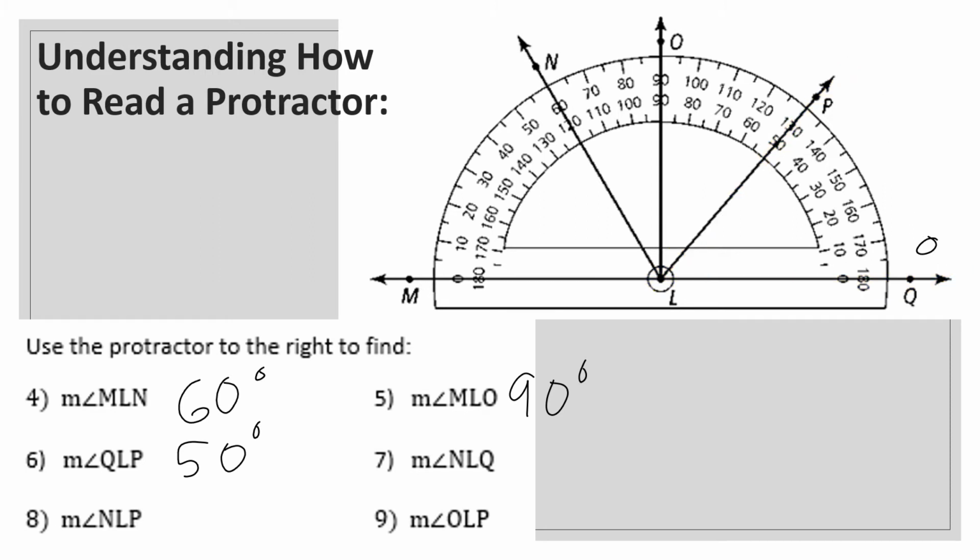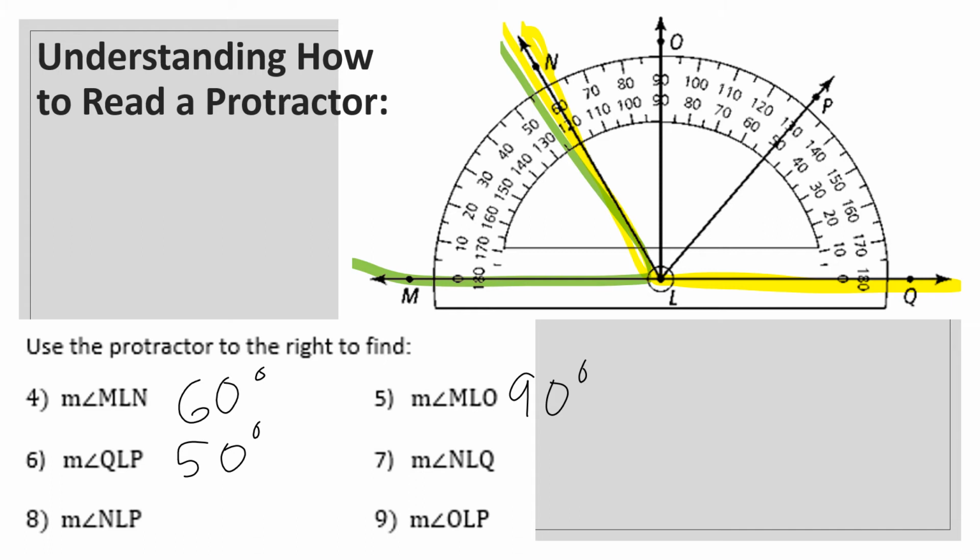Next, we have the measure of angle NLQ. So we have NL and Q. Okay, now you have to think about this in different ways. Obviously, this cannot be 60 degrees, because MLN, which was this one, was 60 degrees.